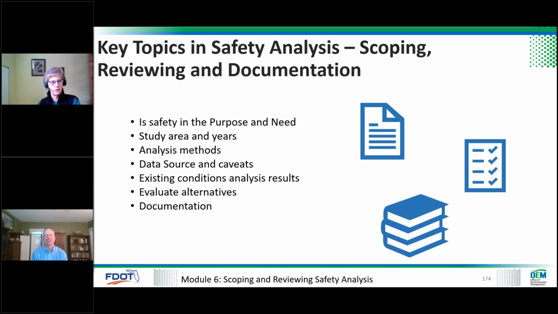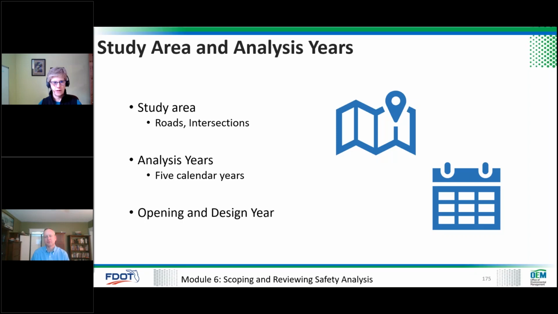There are things that happen over and over, and the critical need to document them. So whether or not safety is in the purpose and need, what was your study area and years, what methods did you use, were there caveats and considerations, the results, and the evaluation and documentation. All of this needs to be critically considered.